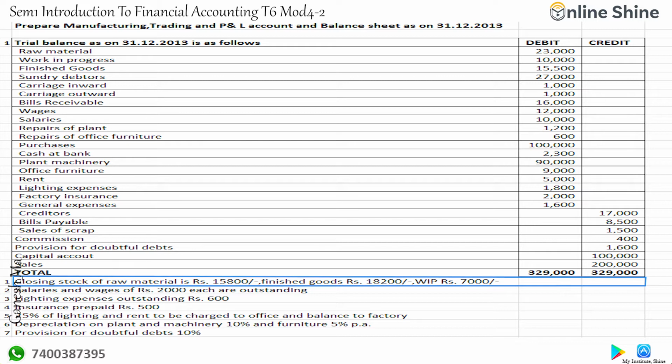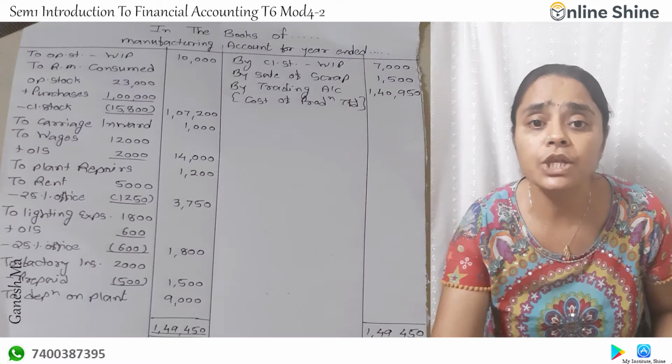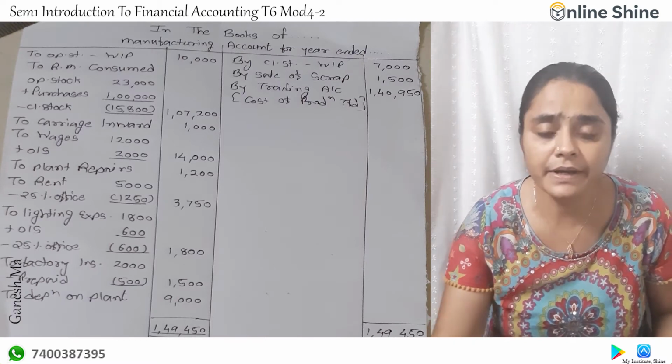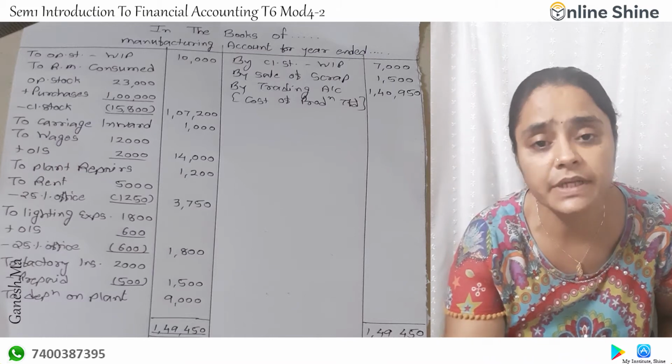Now all this closing stock will be posted. The second effect will go in their respective account. So the first, closing stock of raw material, will be deducted from your raw material consumed item. So you can see in your manufacturing account closing stock of raw material which I have deducted, 15,800.